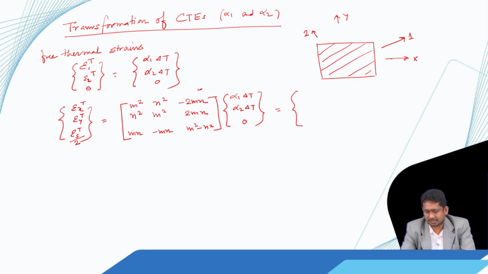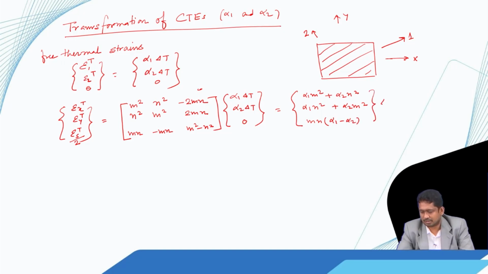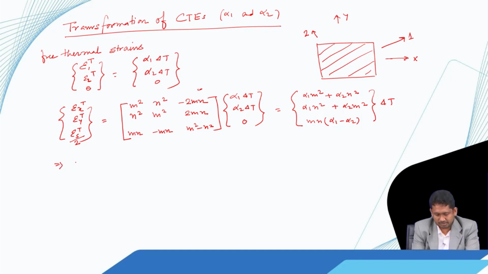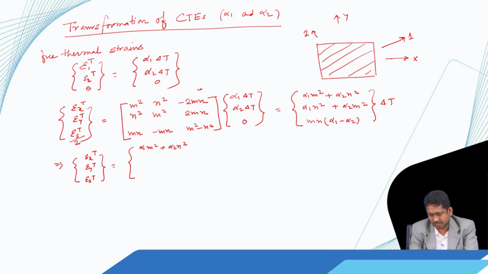So, this gives me alpha 1 m square plus alpha 2 n square, and here we get alpha 1 n square plus alpha 2 m square, and here we get mn multiplied by alpha 1 minus alpha 2, and it is multiplied by delta T. So, with that we can write epsilon x, epsilon y, epsilon s due to temperature as alpha 1 m square plus alpha 2 n square, and here I have alpha 1 n square plus alpha 2 m square, and here I have 2 mn because epsilon s by 2 is equal to this.